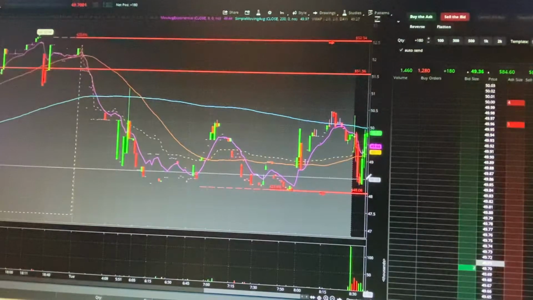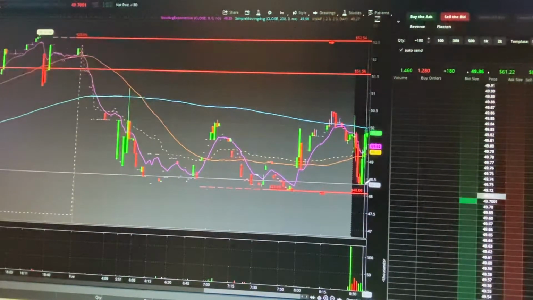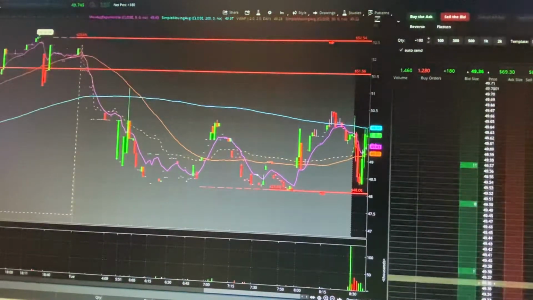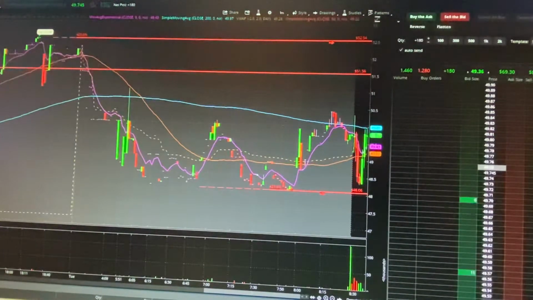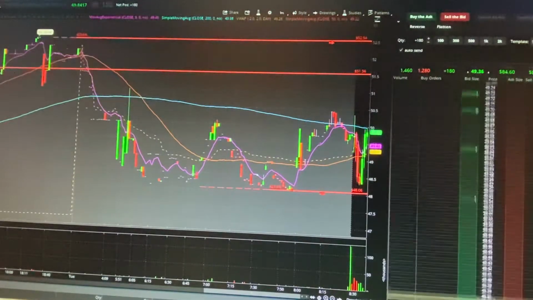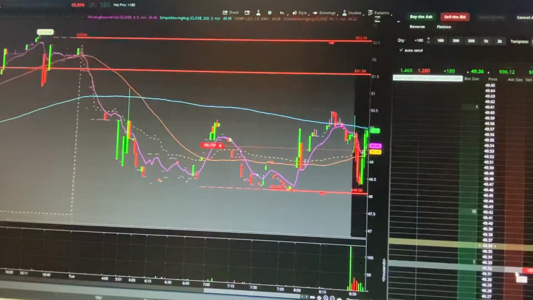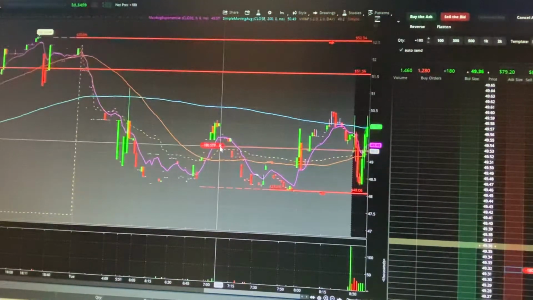I'm going to put my stop loss at this low here, 48.33. Come on, man, it's messing me up here. No, get that out. Made a mistake.